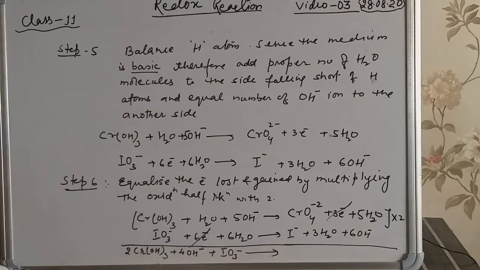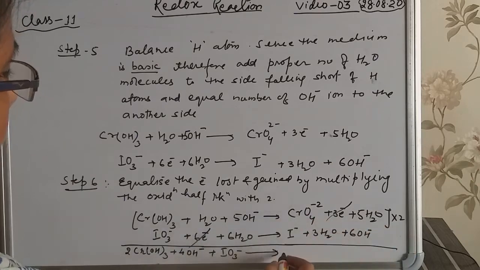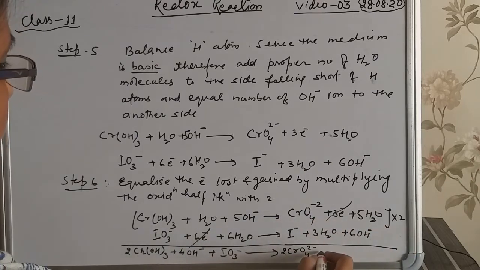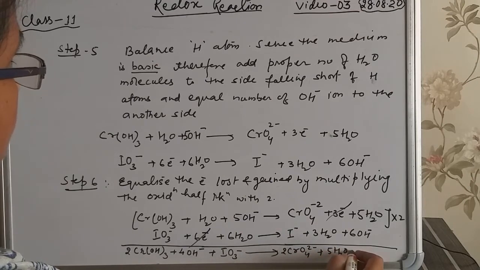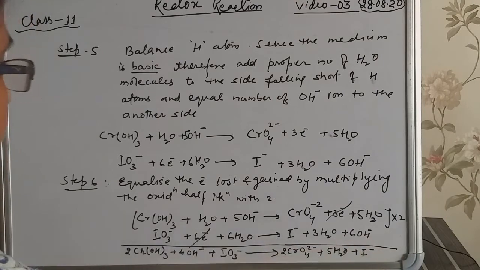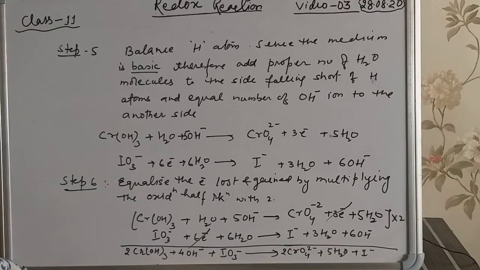Now 2 CrO4 2- plus 5 H2O plus I-. So in that way you can balance the equation in the basic medium. Do practice and do comment on this.